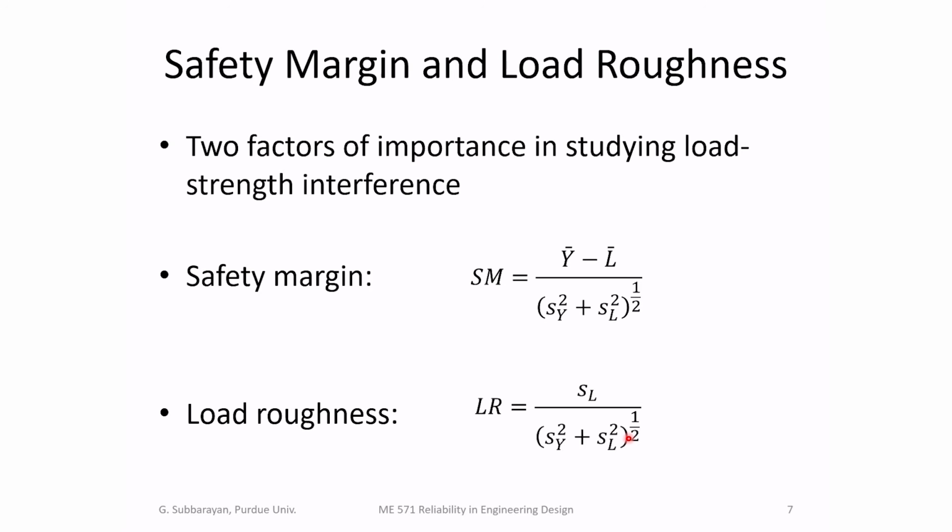So in doing probabilistic design, we're going to use these two factors: safety margin, which is defined this way, and load roughness, which is defined this way.